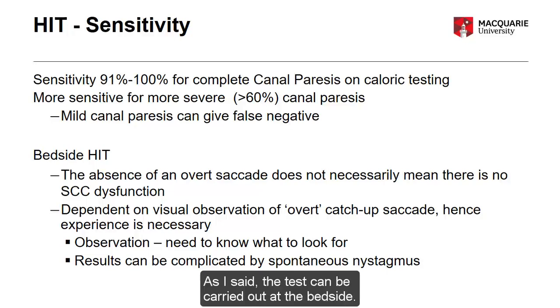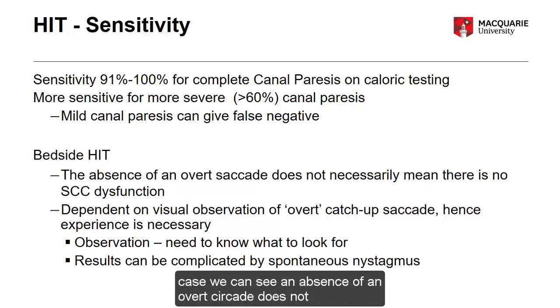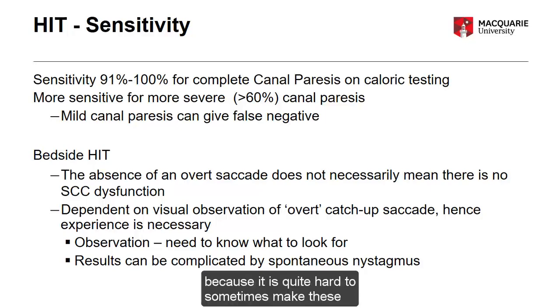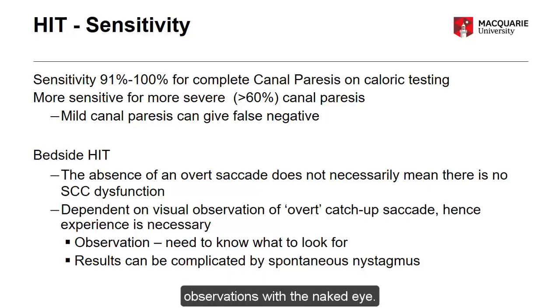As I said, the test can be carried out at the bedside, just by making observations with the naked eye. In that case, an absence of an overt saccade does not necessarily mean that there is no semicircular dysfunction, because it is quite hard to sometimes make these observations with the naked eye.